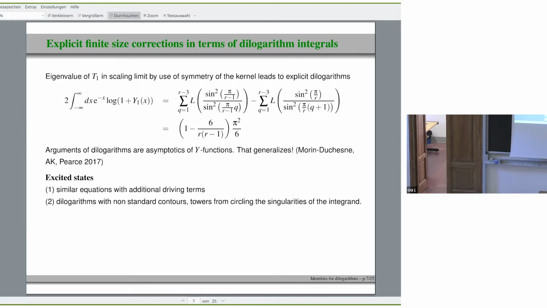Only the asymptotics need to be evaluated and inserted. Then, due to identities for Rogers dilogarithms, this, at first sight, horribly looking expression simplifies to this.